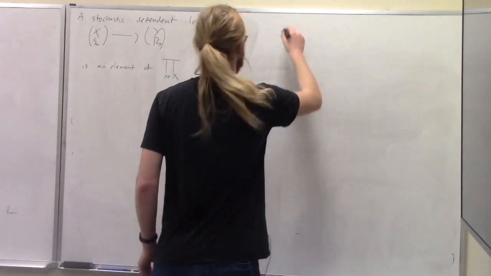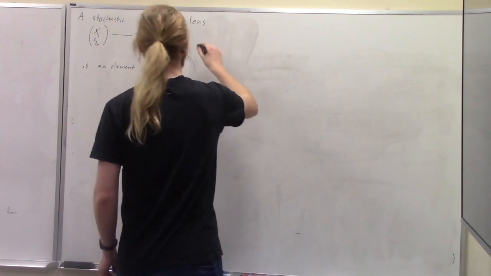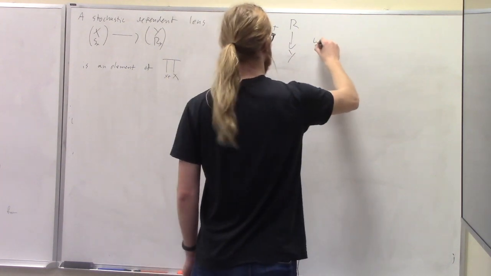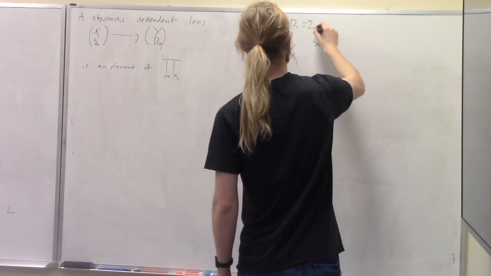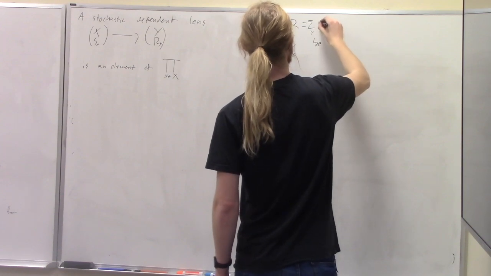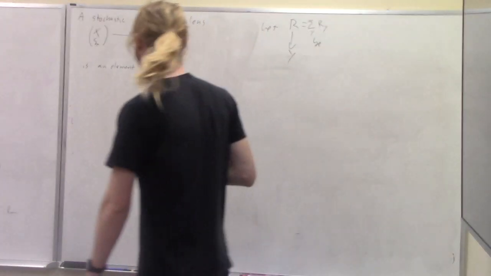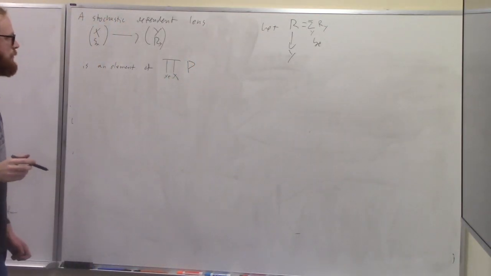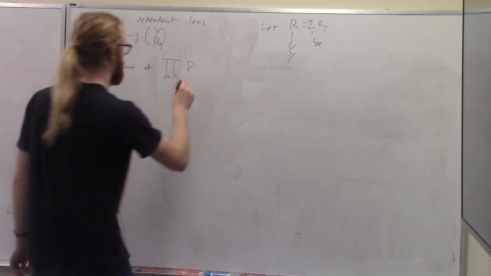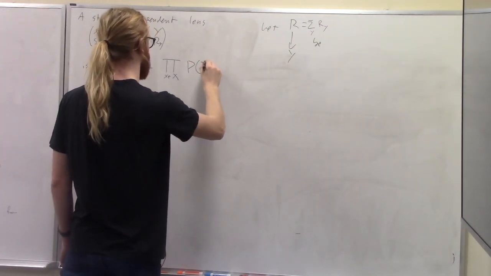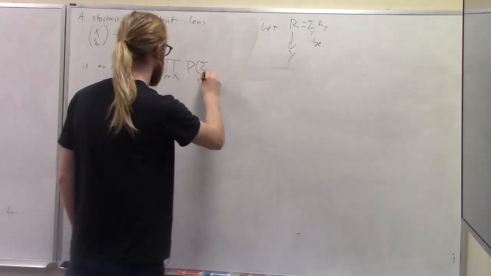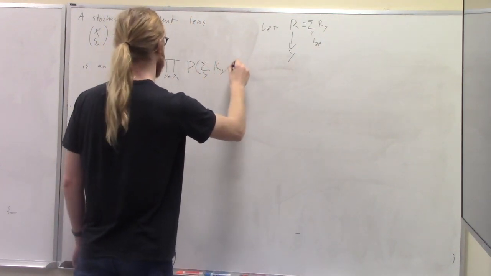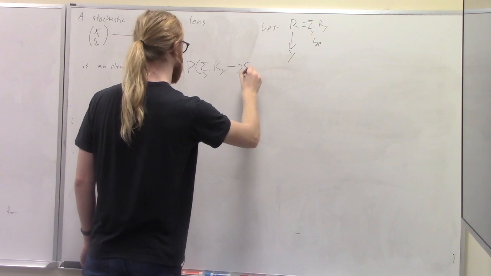Actually, probably what I want to do is let r with a map to y be sigma y r y. So I want to produce a distribution on r y to, actually I guess I didn't need this.